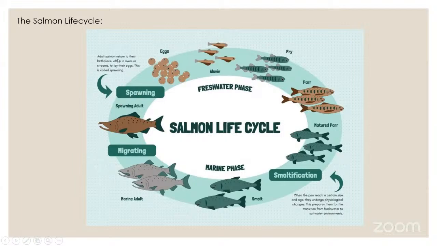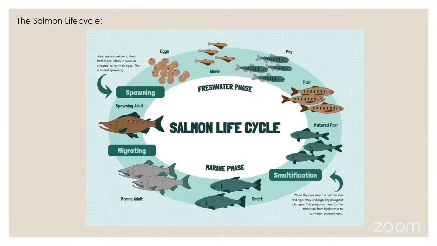The adult salmon returns to their birthplace, often in rivers or streams, to lay their eggs. This is called spawning. This is how the eggs look. From the eggs, they hatch out small larvae called alevin. As the larva matures, the next phase is called fry.